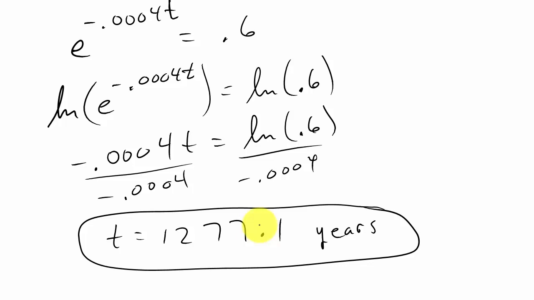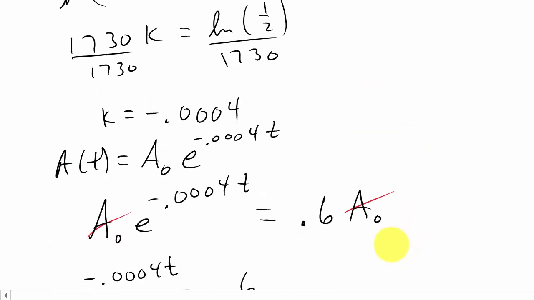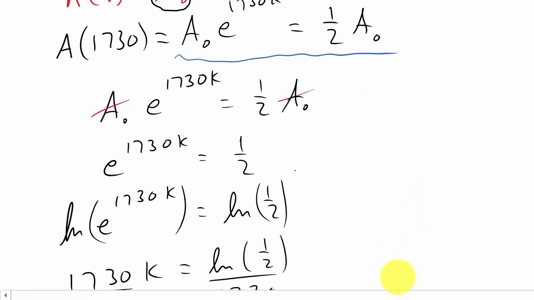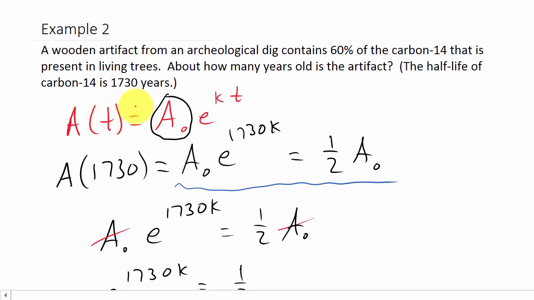So look at that, 1,277 years for 40% to be gone. That kind of makes sense because for 50% to be gone, it takes a little bit longer, 1,730. Well, I say a little bit longer, what about almost 500 years more? 1,277 versus 1,730, so it's quite a bit longer.